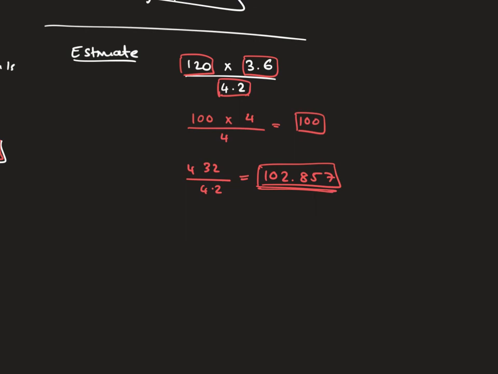So my error will be 2.857 out of my actual original amount, which is 102.857, and then I times that by 100, and that tells me that I'm roughly 2.77% error.